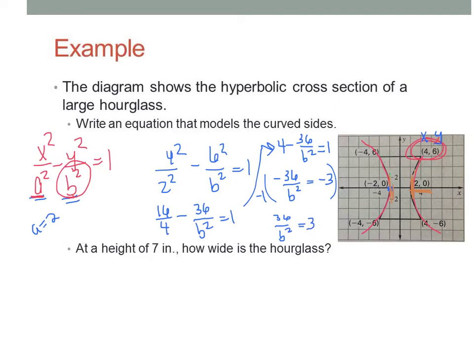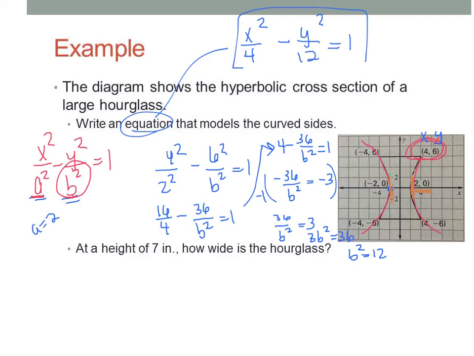Cross multiply. 3b squared equals 36. b squared equals 12. And I can stop there because really I need b squared and not b. So my equation then is x squared over 4, because that's my a squared, minus y squared over 12 equals 1. So there's my equation.